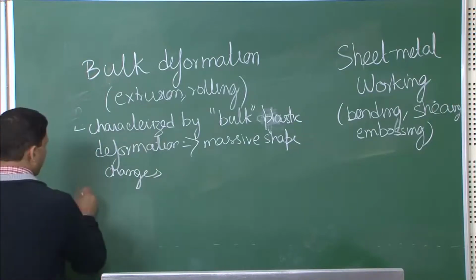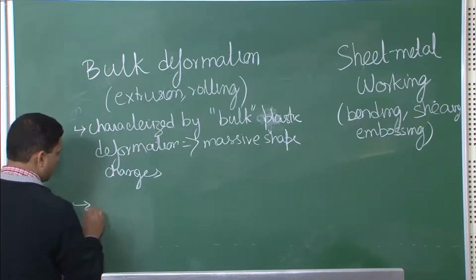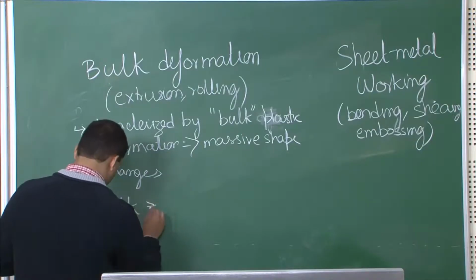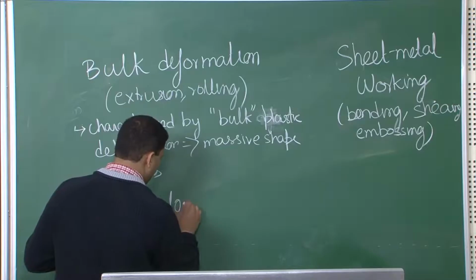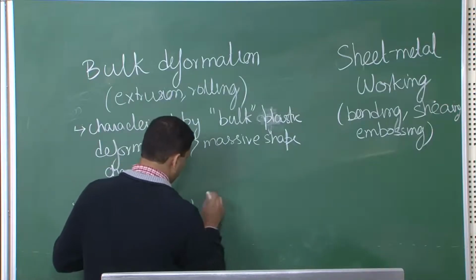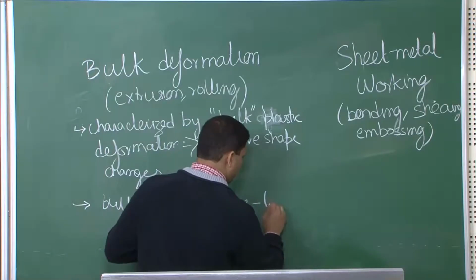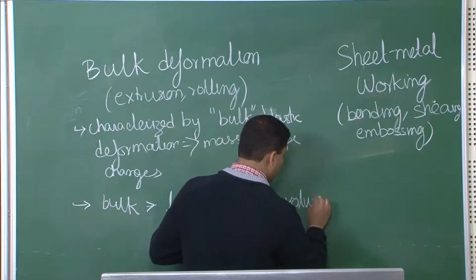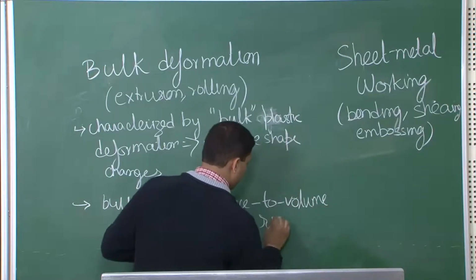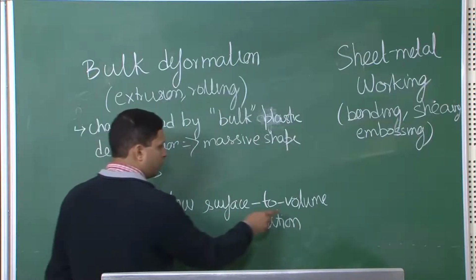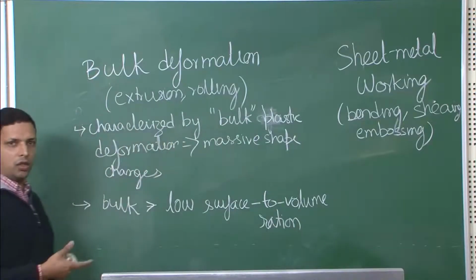And when we say bulk, what we mean is large, or actually low surface to volume ratio, meaning for per unit volume the surface has to be low.